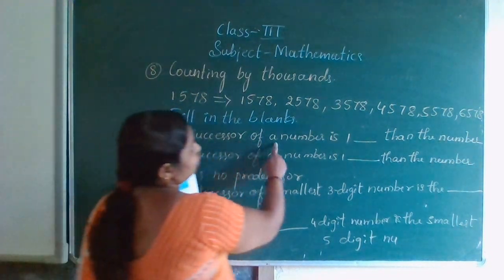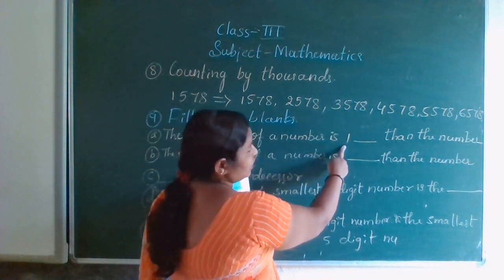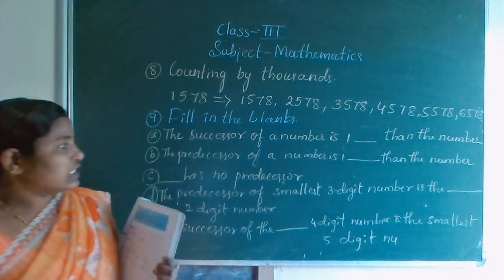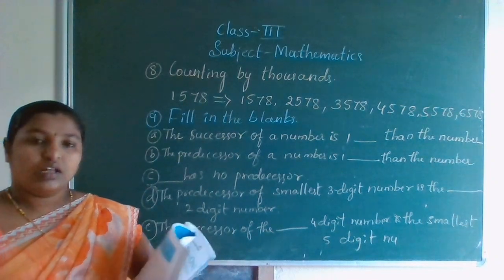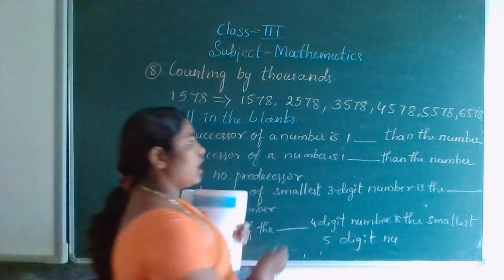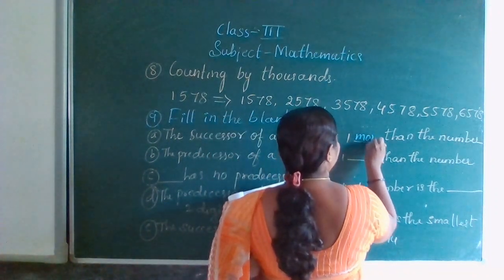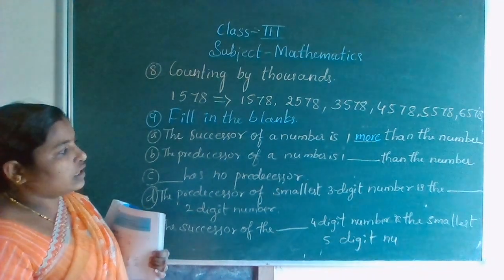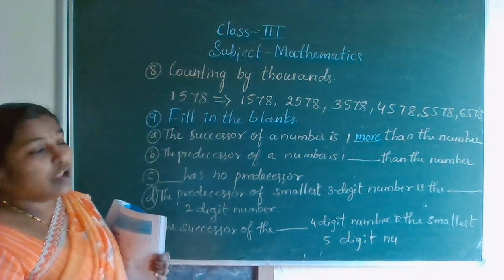The successor of a number is 1 dash the number. Successor will be more than the given number. Yes or no? So answer is more. The predecessor of a number is 1 dash than the number.